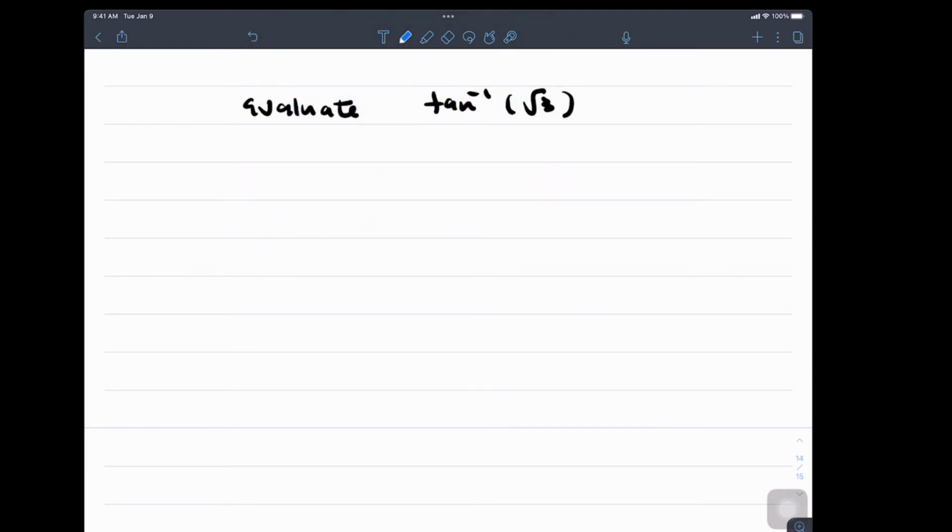What's your process? You let theta be inverse tangent square root of 3. Is that right? Then what does that mean about tangent theta then? So tangent theta becomes square root of 3. Easy breezy lemon squeezy.